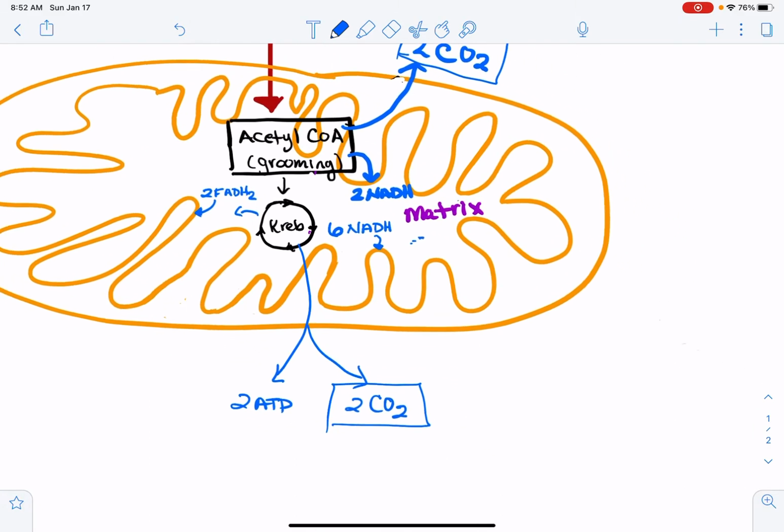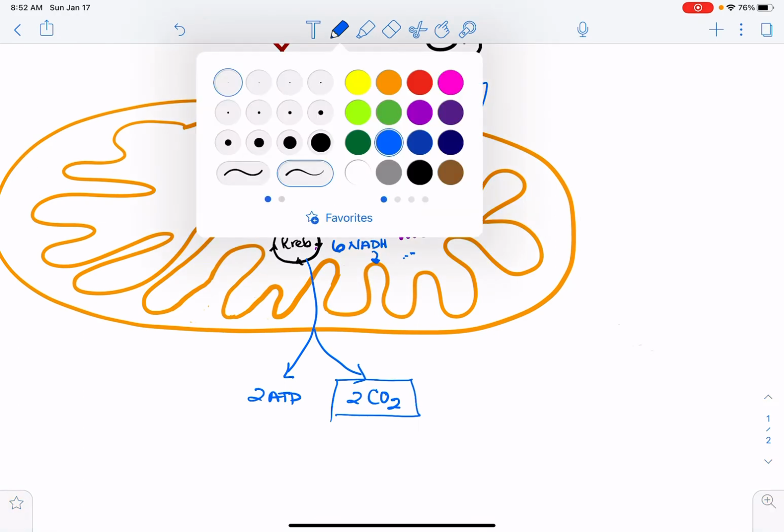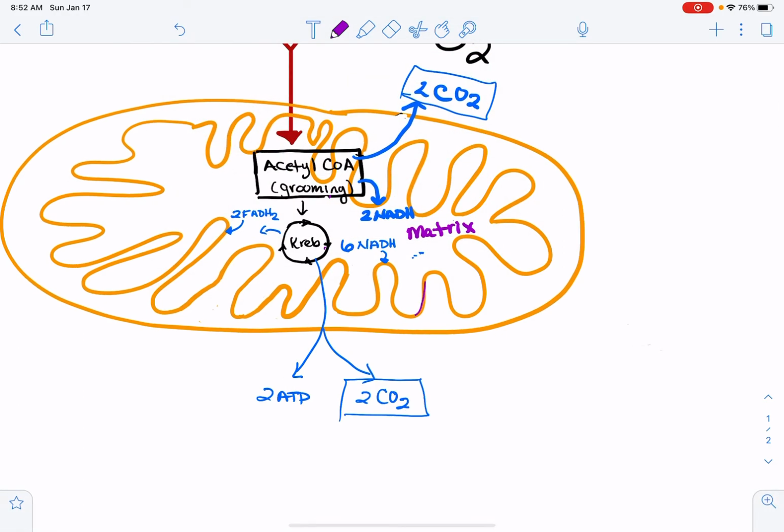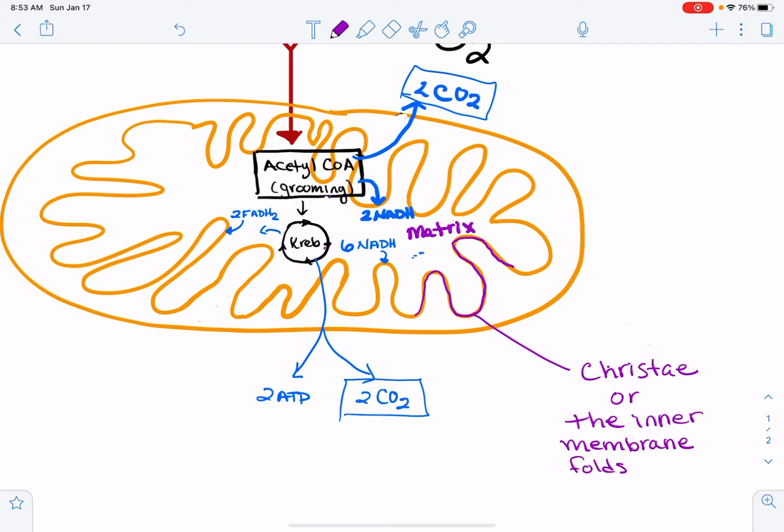So now let's look at this electron transport chain. And remember, the electron transport chain is the cristae, or the inner membrane folds of the mitochondria.